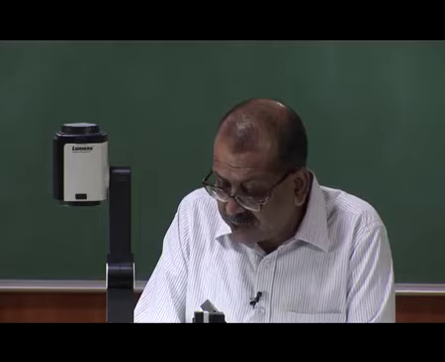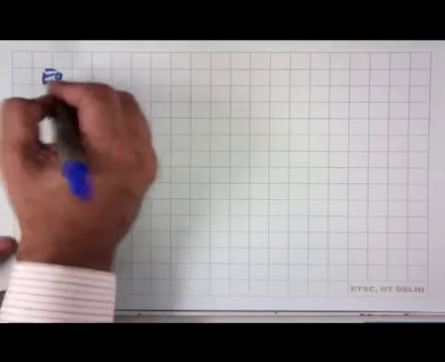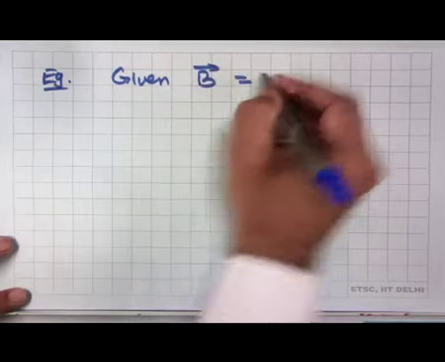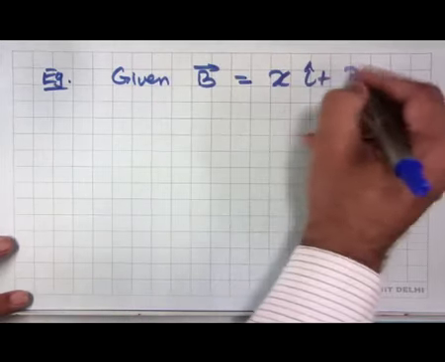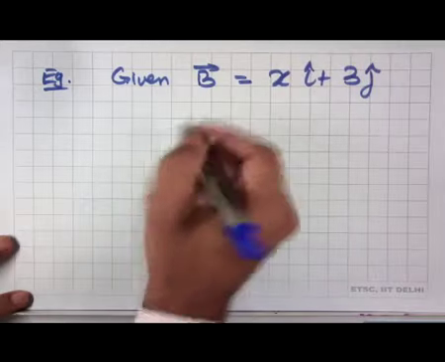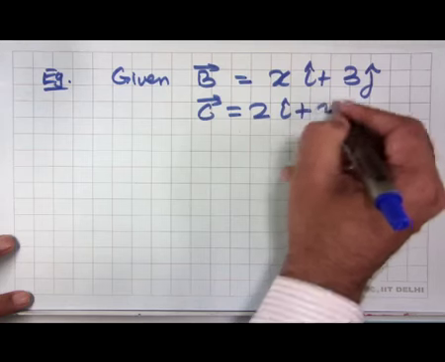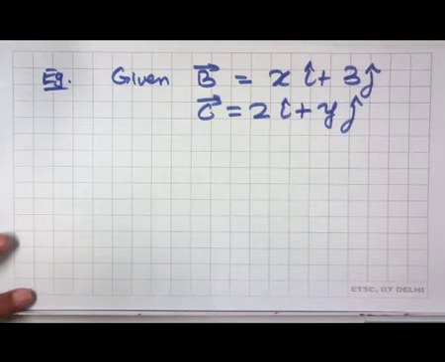So, suppose we are given a vector B equal to xi plus 3j and a vector C equal to 2i plus yj.